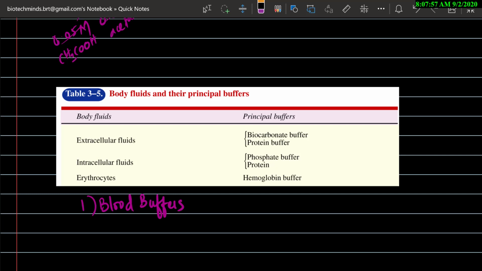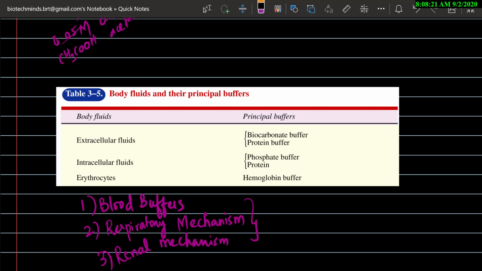Number 2, respiratory mechanism. And number 3, renal mechanism. So these 3 places are where our body has a frontline defense in order to maintain a constant blood pH. Blood buffers, respiratory mechanism, and renal mechanism.